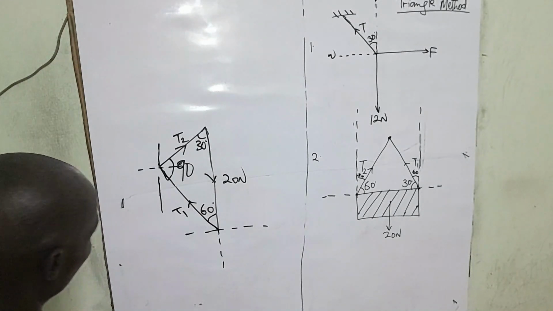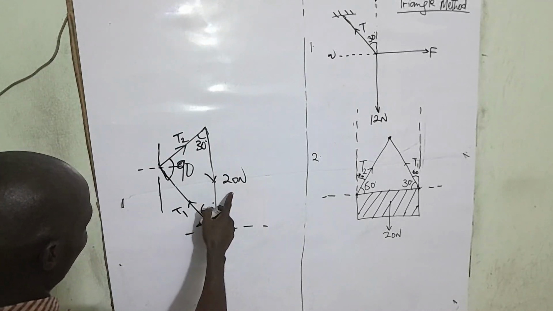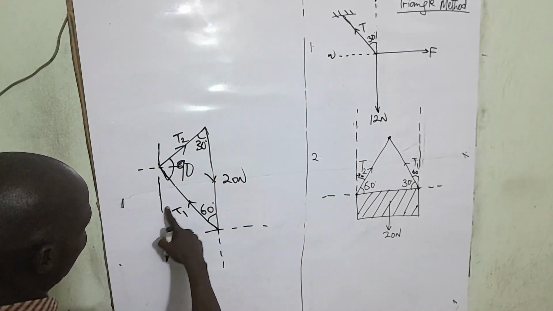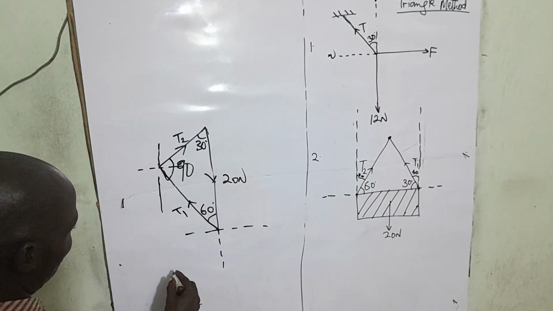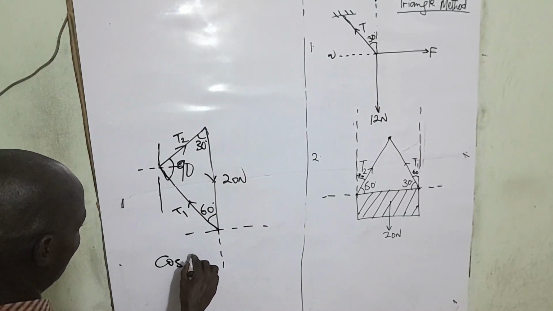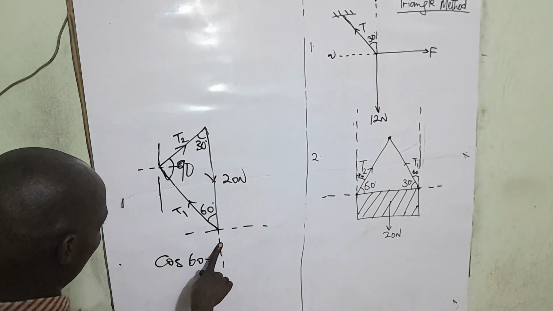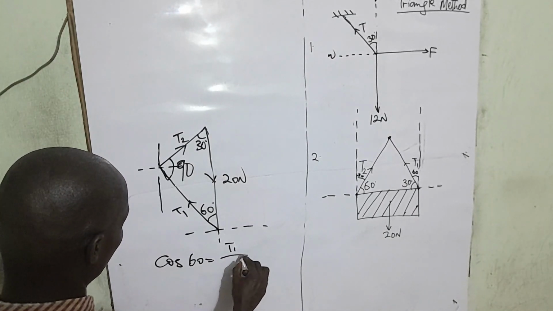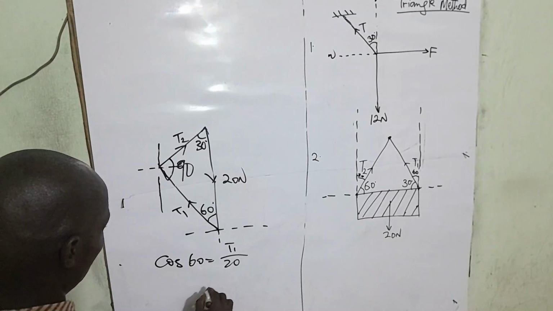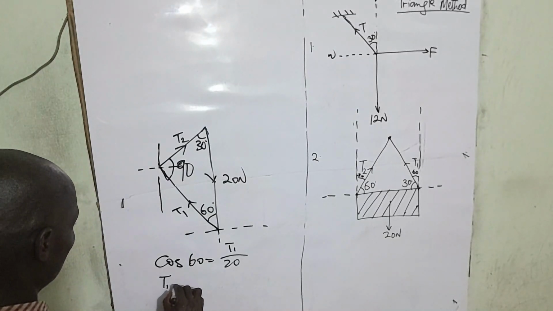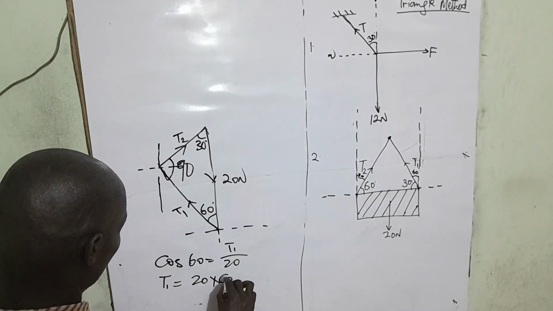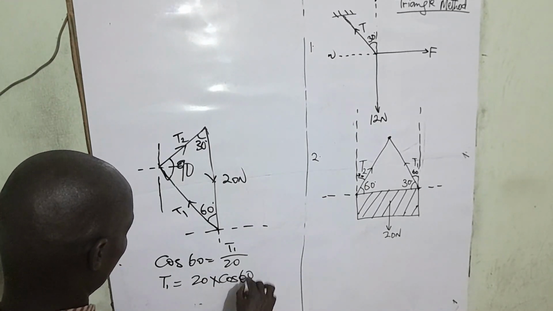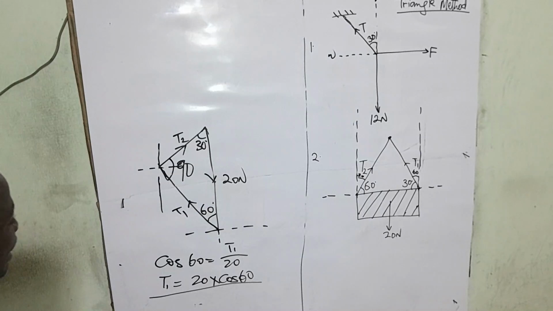In solving T1, we say adjacent over hypotenuse, which is cos. So cos 60 is equal to T1 over 20. That means that T1 is going to be 20 multiplied by cos 60, and that gives us the answer.